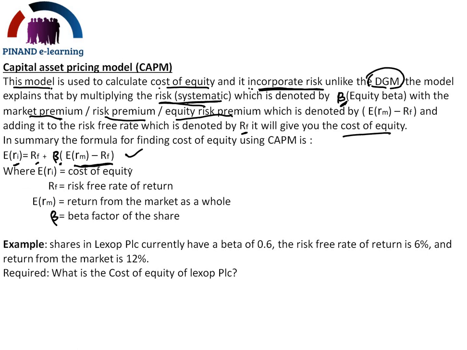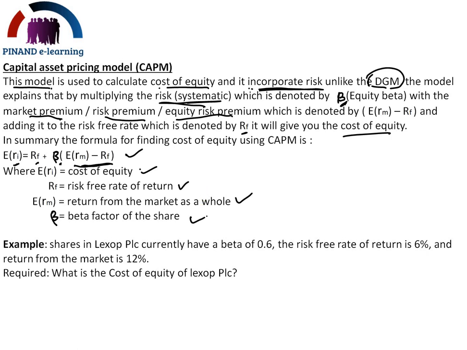Well, E(Ri) is the cost of equity. Rf is the risk-free rate. E(Rm) is the return from the market as a whole, which will be given to you, or it may be given in the form of a premium, which is very easy to calculate. Beta is the beta factor of the share.